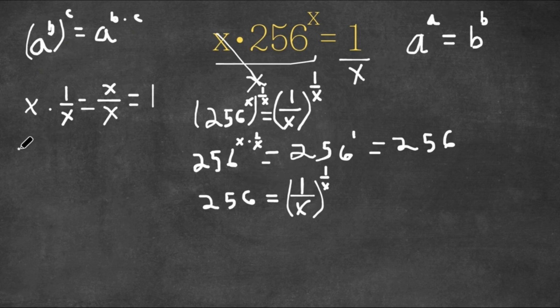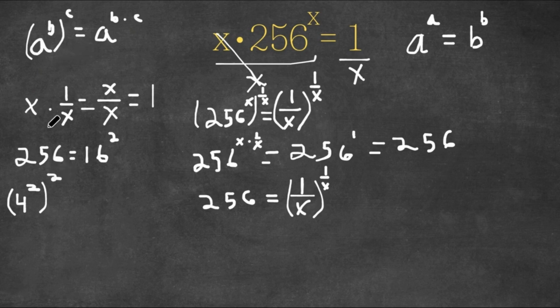Well, 256, this is equal to 16 squared, right? Now 16, this is equal to 4 squared. So we have 4 squared to the power of 2. Now remember this property, if we have a to the power of b to the power of c, this is equal to a to the power of b times c.